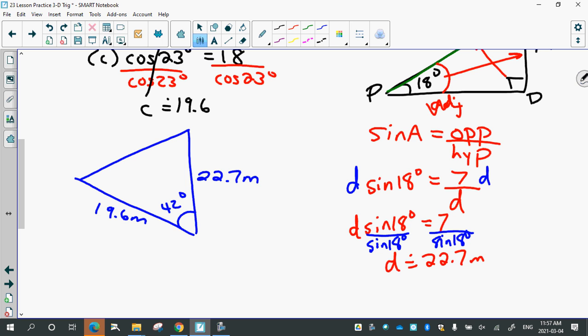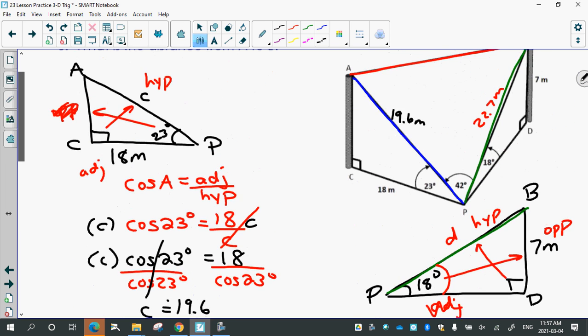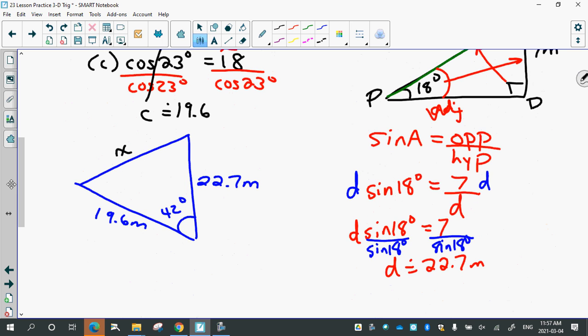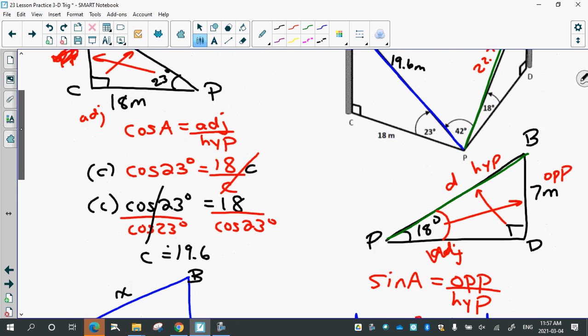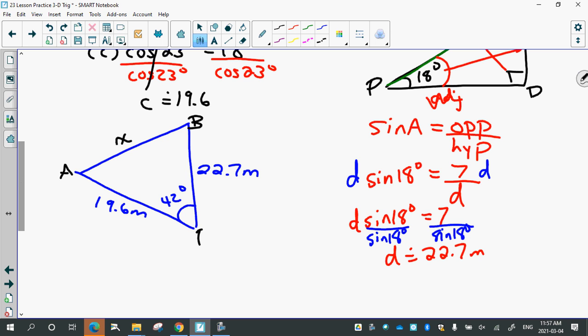I don't think I've used x yet, so I'm going to call it x, the distance between A and B. ABP is this triangle. Okay? So, how do I find that?